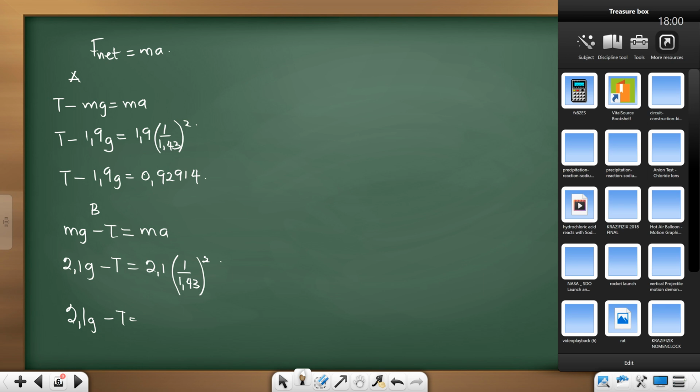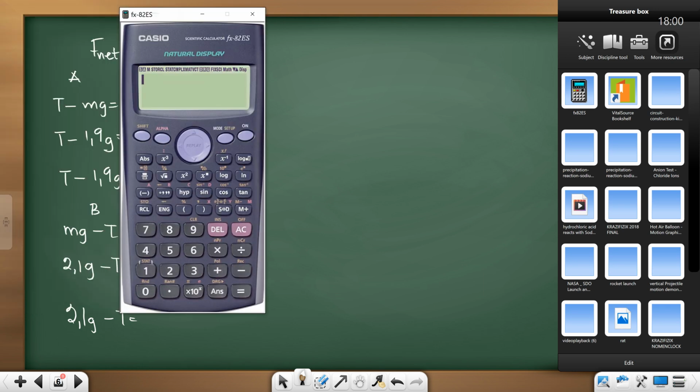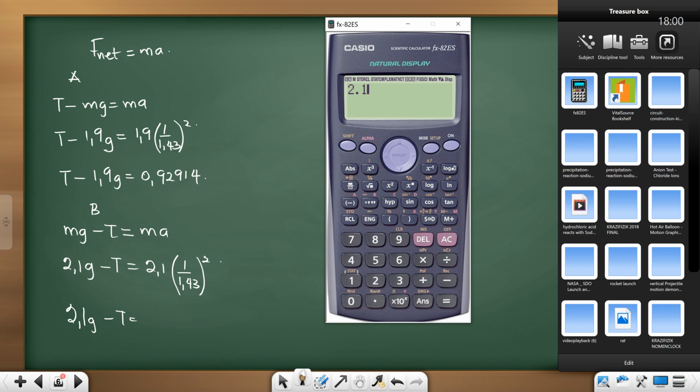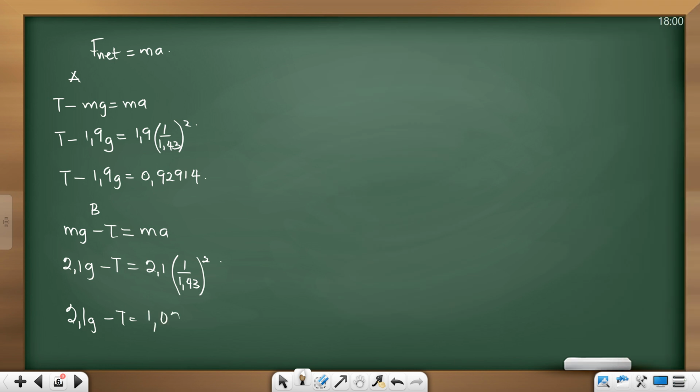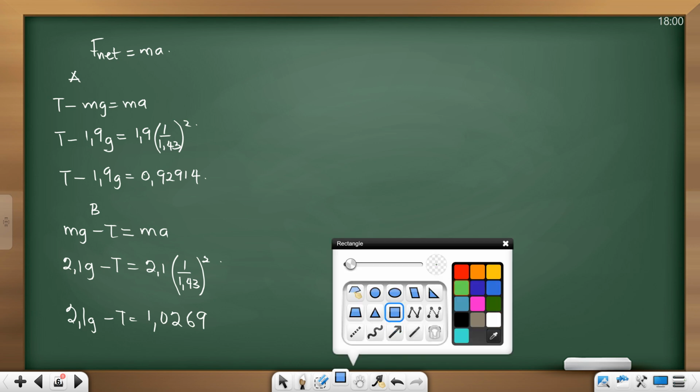Calculator quickly. Let's see. So 2,1 into bracket, 1 over 1,43 all squared. Remember, I'm just using math now. 1,0269. Check.